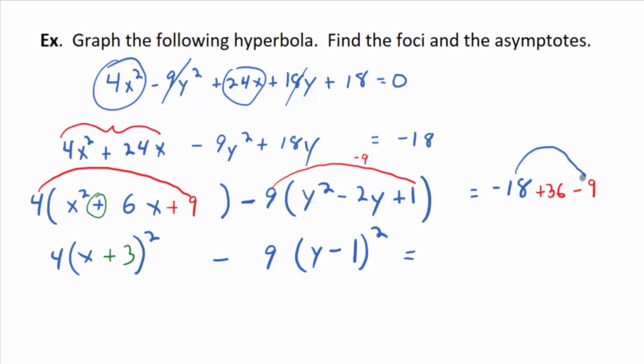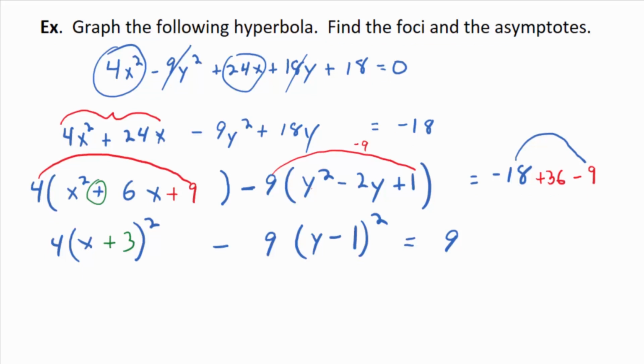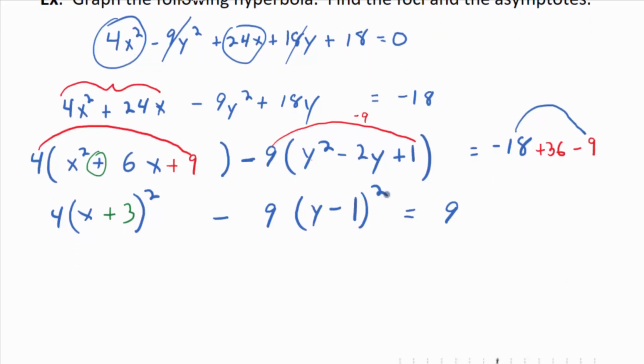If you add in non left to right order, you get negative 18 minus 9 is negative 27, right? Plus 36? 9. Everybody good? We're not quite in standard form. What do we need to do? We need a 1 on the right side, so we divide everything by 9.